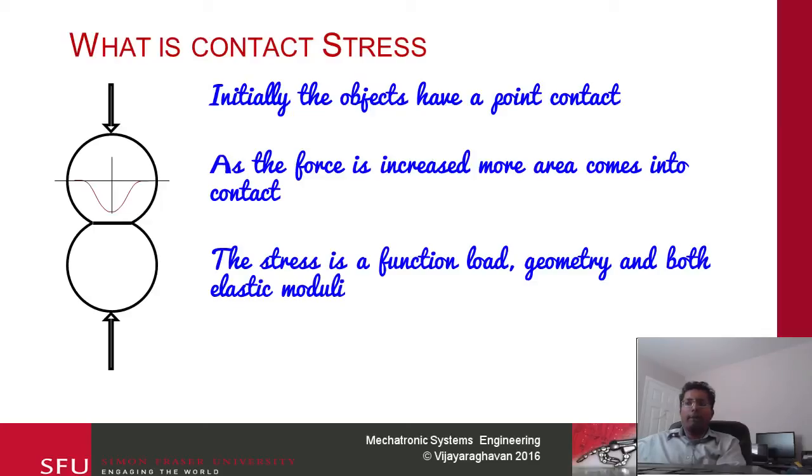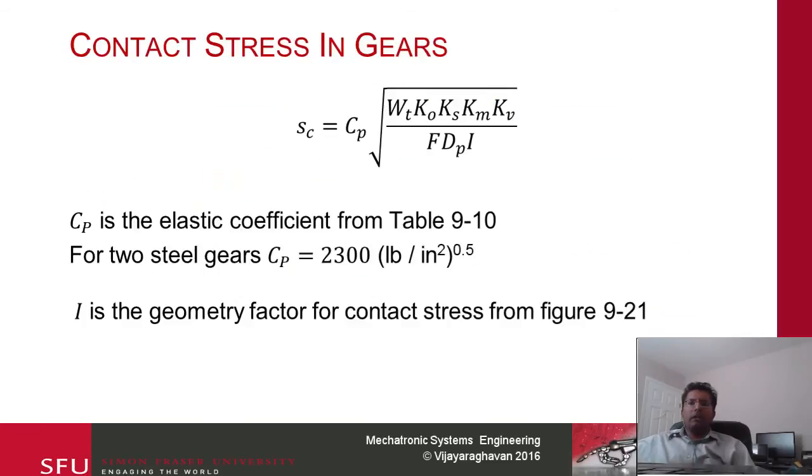What this means is that the actual stress we calculate is going to be slightly more complicated, and there isn't a straightforward formula, or rather there is, but because several factors are involved, we're going to use the formula given in the book, which is a function of the force and so on. Essentially the contact stress is given by Cp.